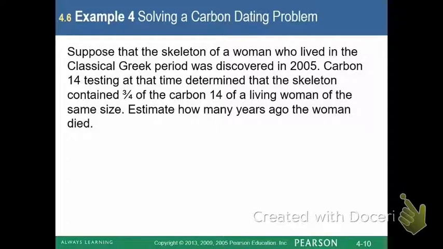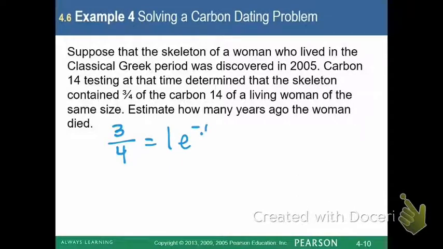When you are using the y and the y sub 0, you want to think of it as a fraction. So the y, the final amount, is 3/4, and the initial amount you would just put 1 because that's the total.